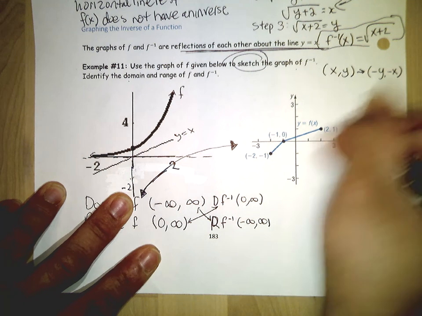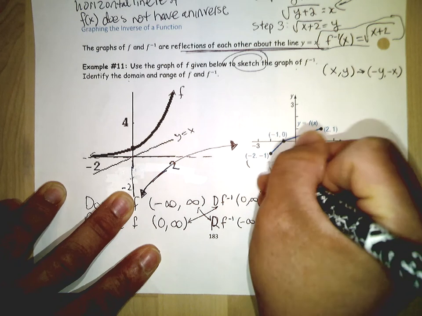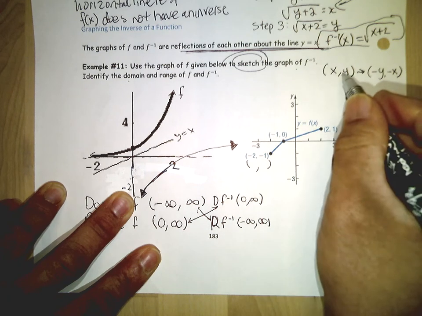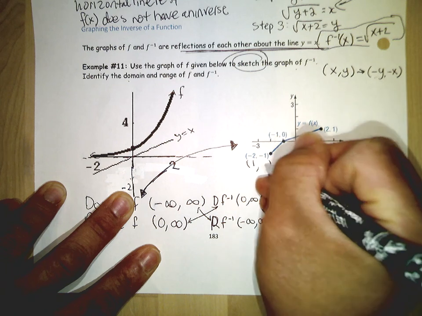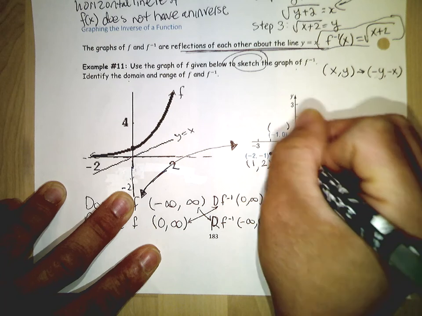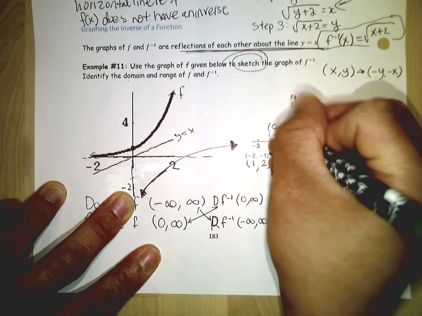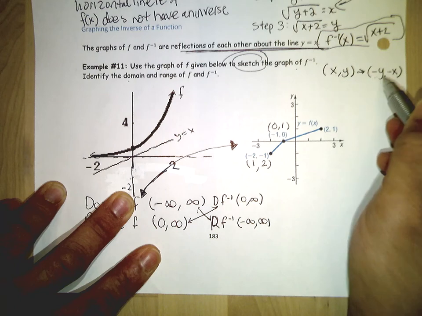But that means that this (-2, -1) becomes, all right, I need to make the new x value the opposite of y. So (1, 2). The (-1, 0) becomes (0, 1), following the pattern of changing (x, y) to (y, x).